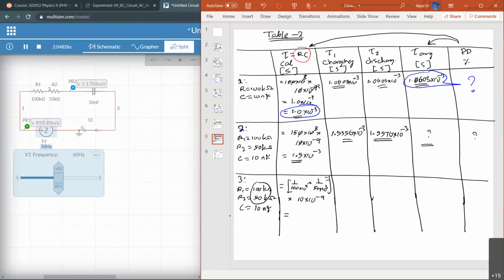The time constant should be about 3.33 times 10 to the negative 4 seconds. Now let's do our circuit and figure this out using the charging and discharging curves.